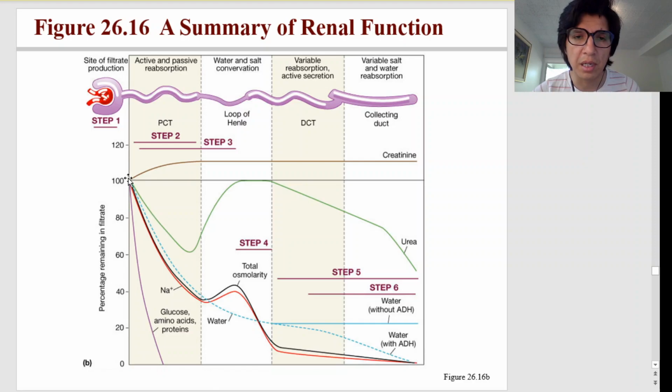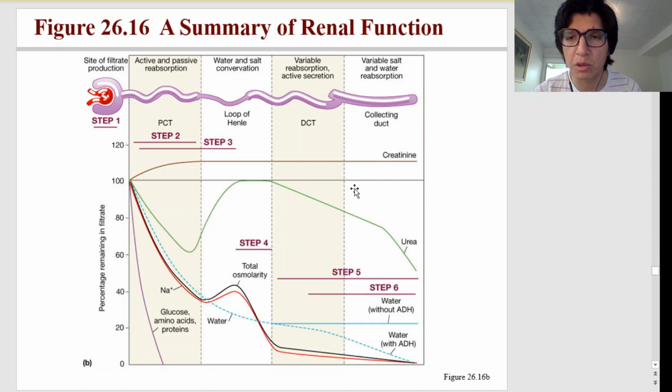Urea has this particular wave-like pattern that involves the release of urea at the level of the collecting duct.